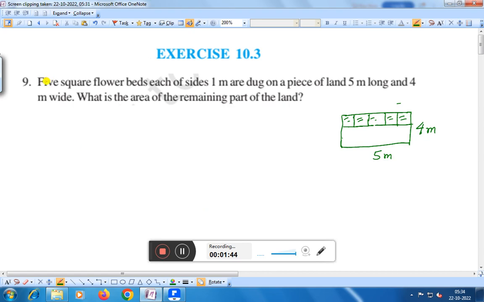Therefore, first of all, you have to find the total area of the land. The solution. First, you have to find the area of the land.